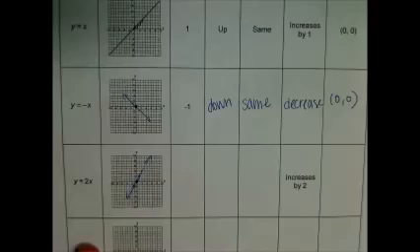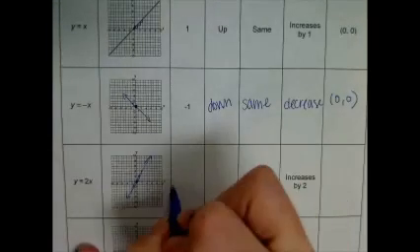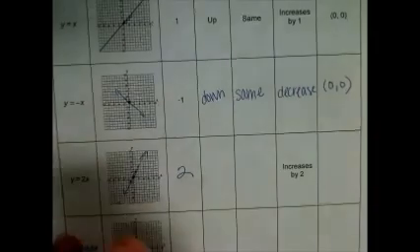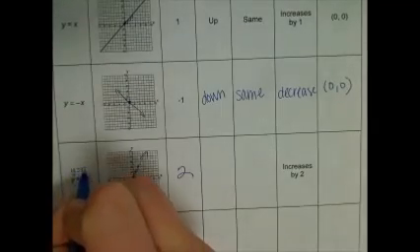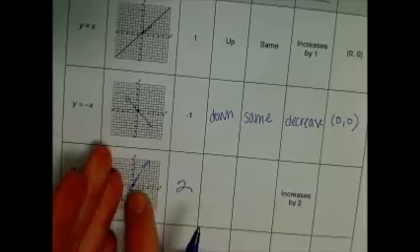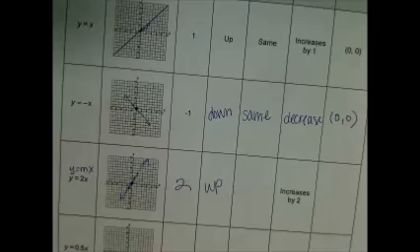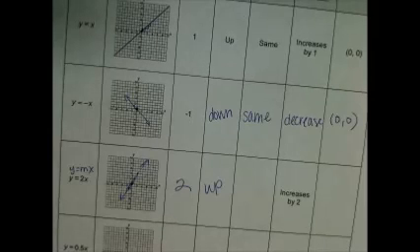So now the value of m in y equals mx is 2. We get that from right here, y equals mx. Up or down from left to right? This is going in an upward position, so you're going to write up. Is the steepness more or less or the same as y equals x?